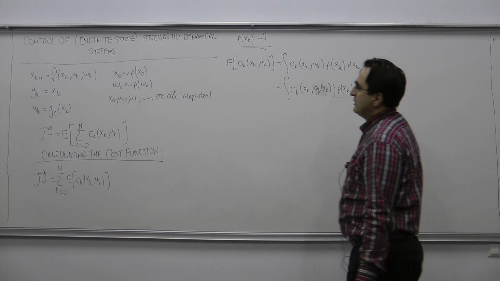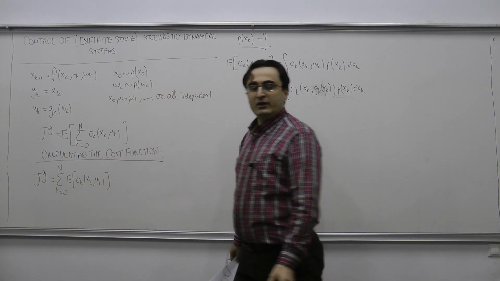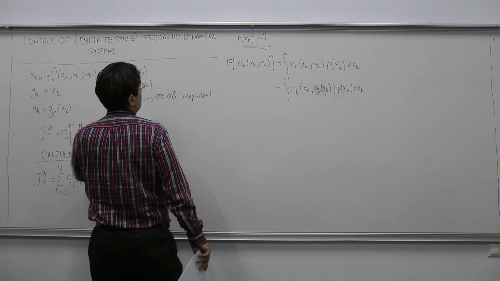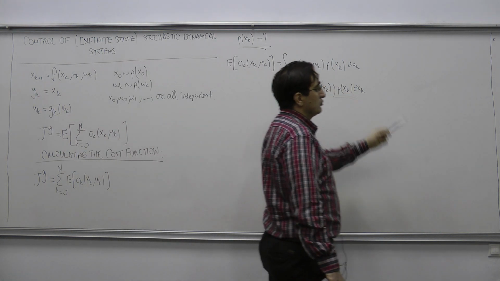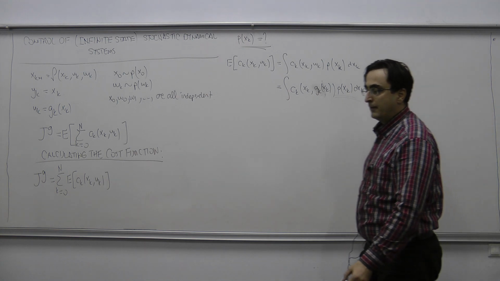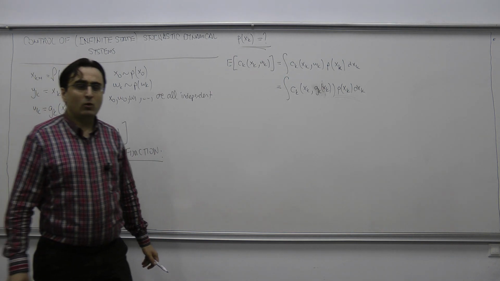So even when we don't have Gaussianity and when we don't have linearity here, we can calculate the marginal unconditional distribution of the state, and we can substitute it into this formula. But here this is really quite general.